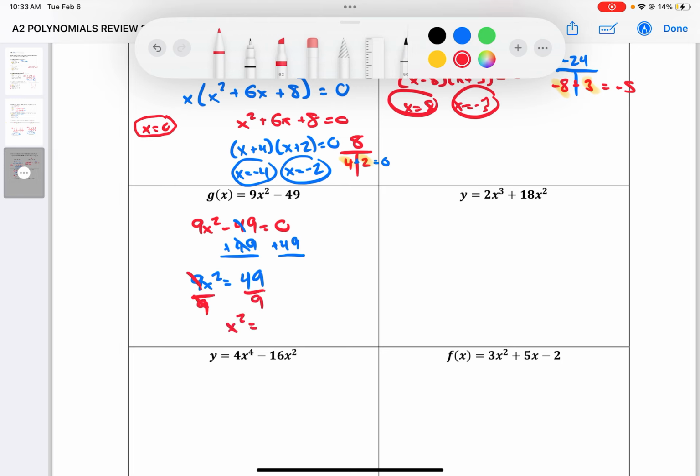And that's going to give me what looks like a gross number, but it works out in the end. And then we're left with a square root. And remember, we're taking a square root, so we're going to get a positive and a negative solution because multiplying two negative numbers gives us a positive number. And this will end up being plus or minus 7/3.